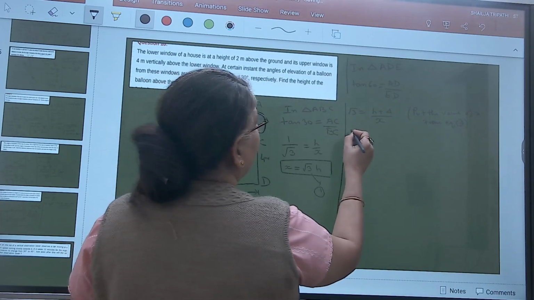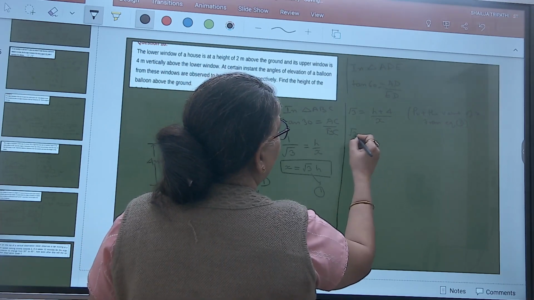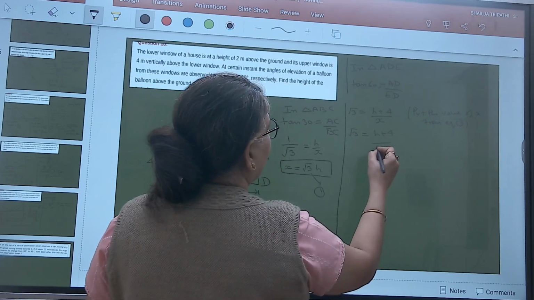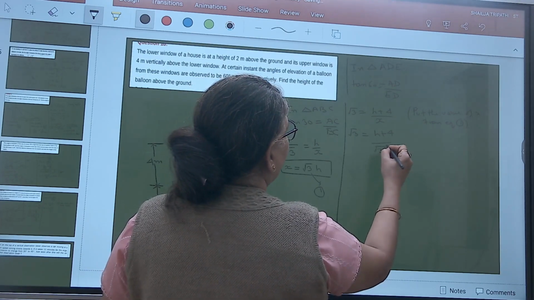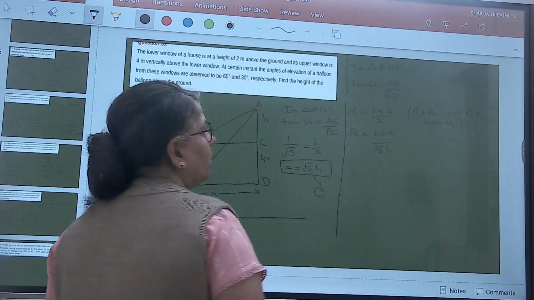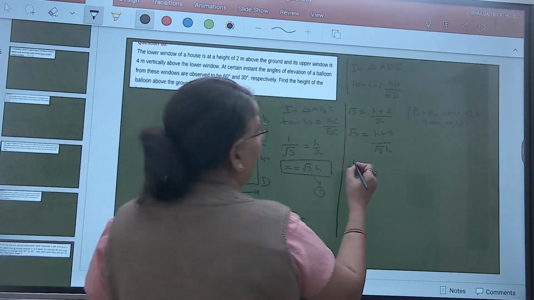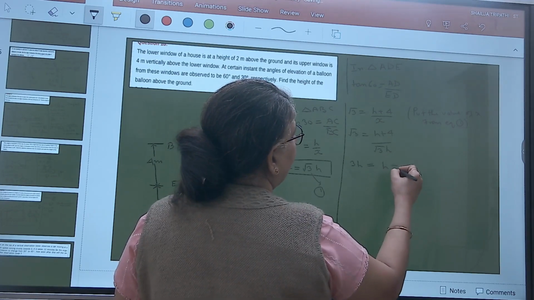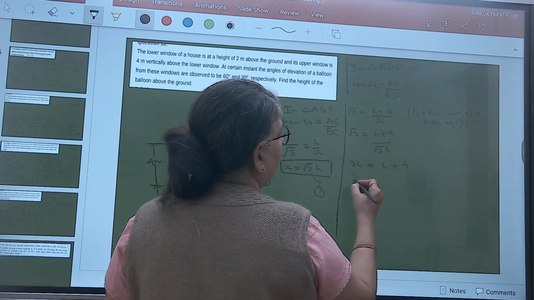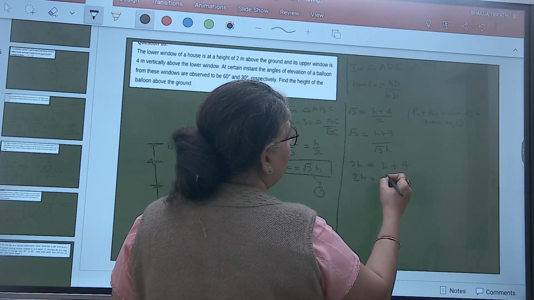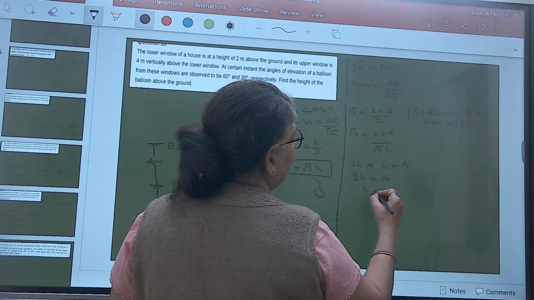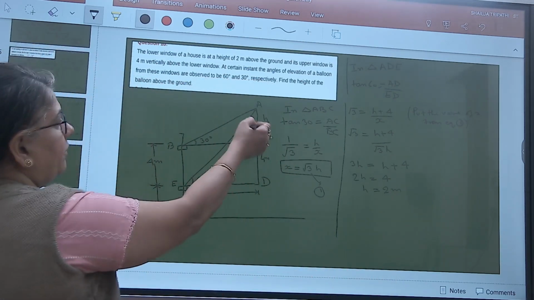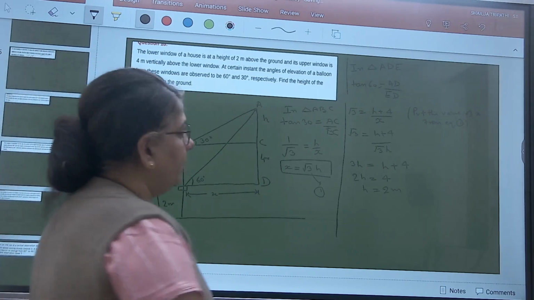So what we get, root 3 is equal to H plus 4 upon root 3H. So cross multiply, we get 3H is equal to H plus 4, or 2H is equal to 4, or H is equal to 2 meters. So this distance we have found out, AC is equal to 2 meters.